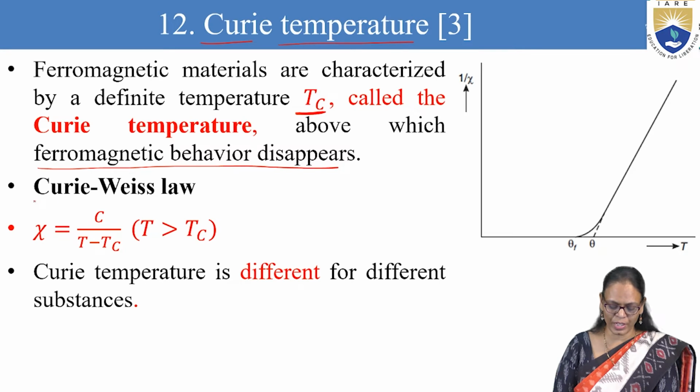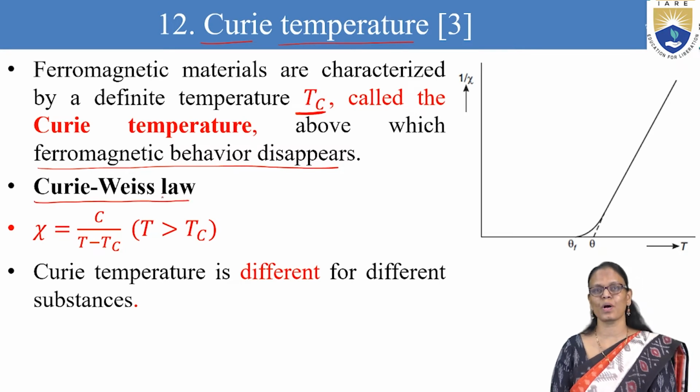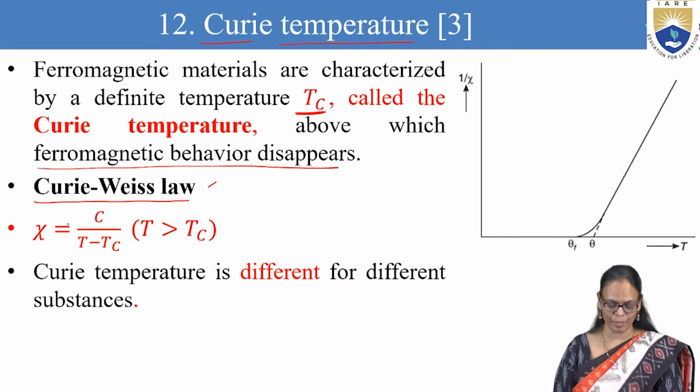Now, the Curie-Weiss law. There are two scientists who gave us a very important law relating the Curie temperature and the susceptibility: chi is equal to C upon T minus Tc. Chi here is the susceptibility.